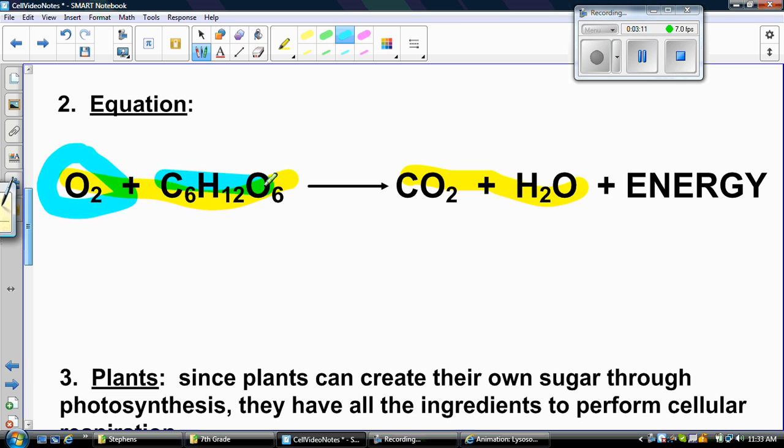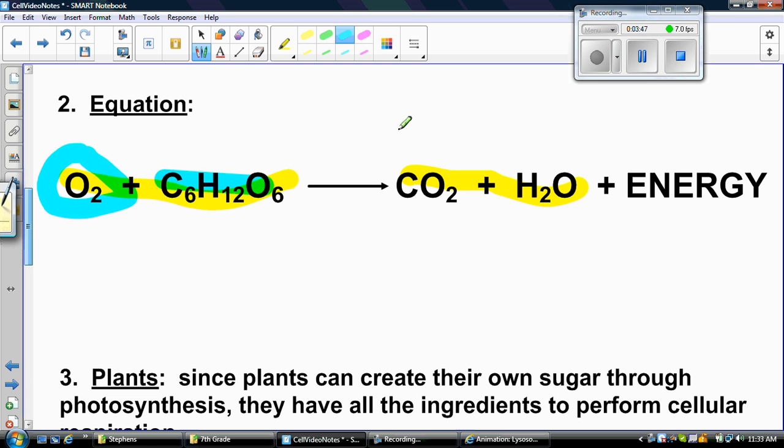Once it goes into our cells, it's going to go into the mitochondria. The mitochondria is then going to change oxygen and glucose into carbon dioxide and water. When it does that, the chemical energy from the glucose and the oxygen gets converted into kinetic energy, which is the energy that we use.